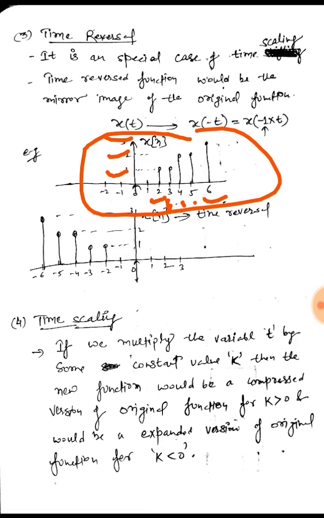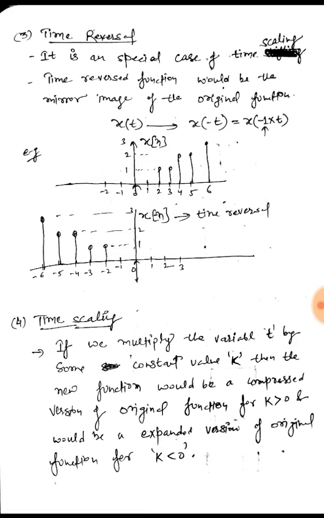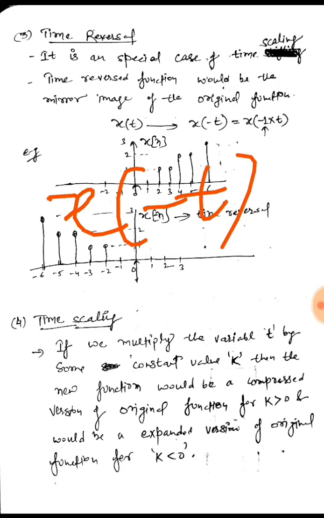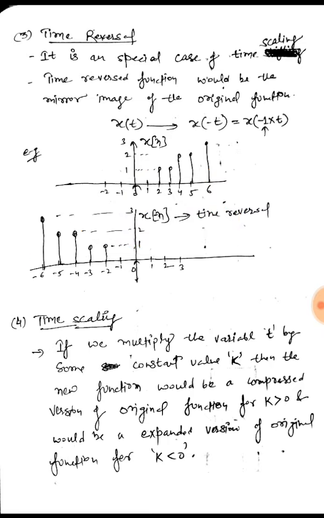If I need to calculate the time reversal function, that is x of minus t, I will simply get the mirror image. What I was getting at 2 will now be available at minus 2, what I was getting at 3 I will get at minus 3, and similarly, what I was getting at 4 I will get at minus 4.